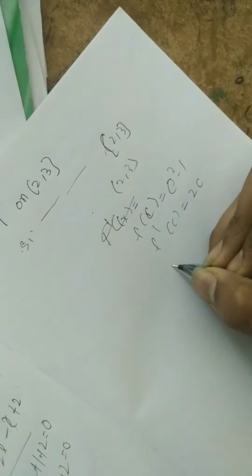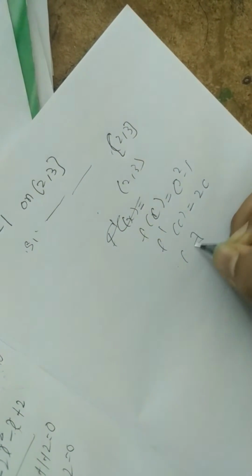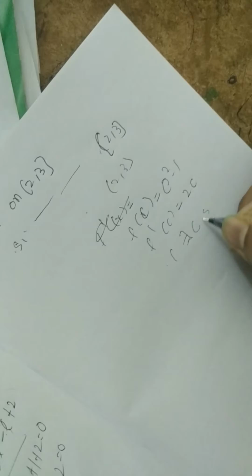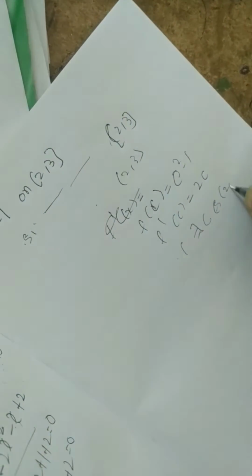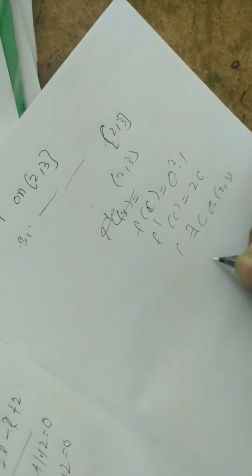By Lagrange's mean value theorem, there exists c belonging to (2, 3) such that f′(c) = (f(b) − f(a))/(b − a).